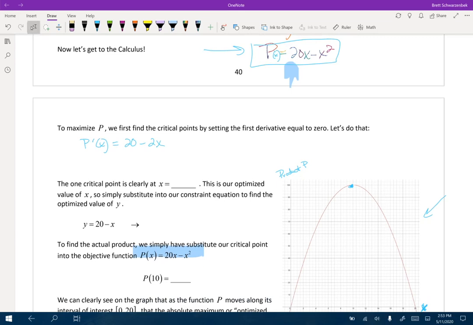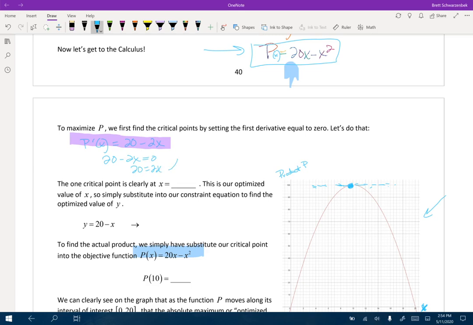So this is the slope of the tangent line at any point. So if we're looking at this point right here, we want to know when the slope of the tangent line is 0. So again, we want to know when it creates a tangent line with slope 0. So we have to set 20 minus 2x equal to 0 and solve.